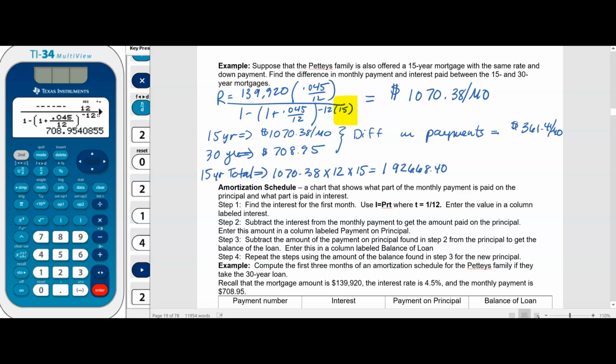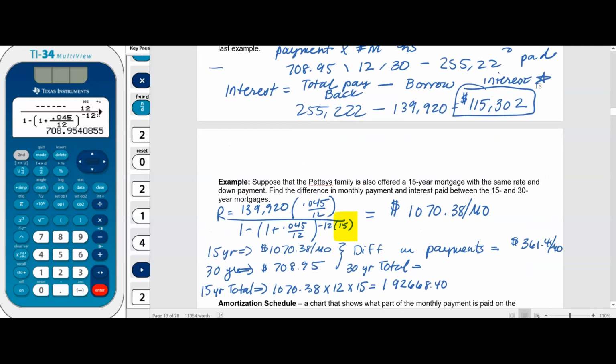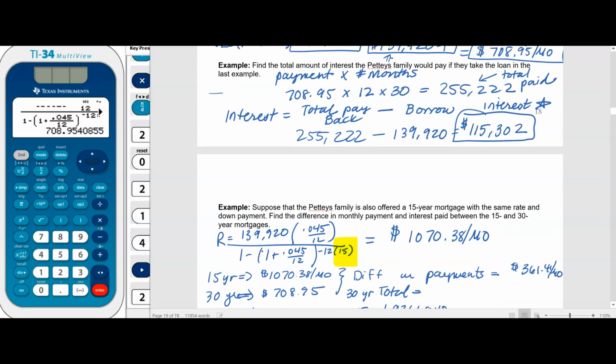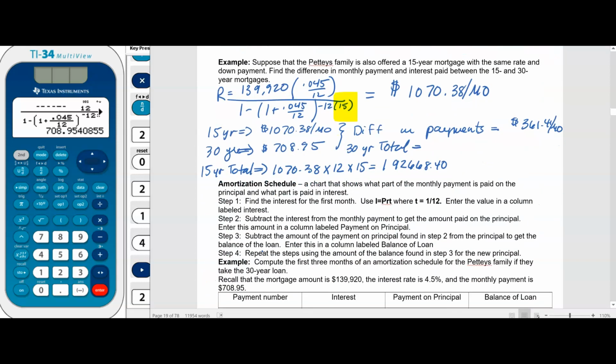And then if we do the 30-year total, I'm just going to go ahead and find that from the previous page since we already calculated that. I'm just going to scroll up real quick here. Actually, instead of doing the 30-year total, let's calculate the amount of interest that this person would pay.